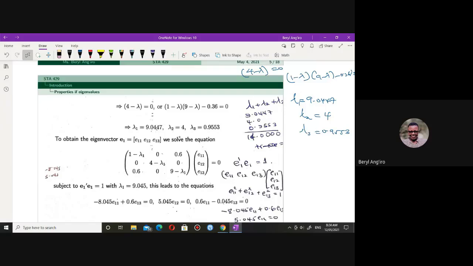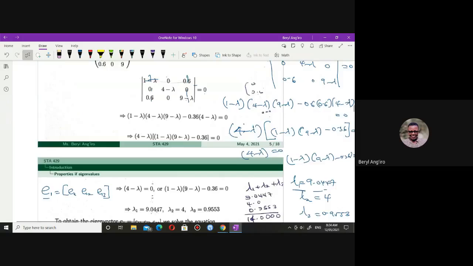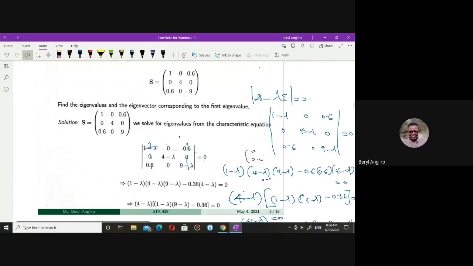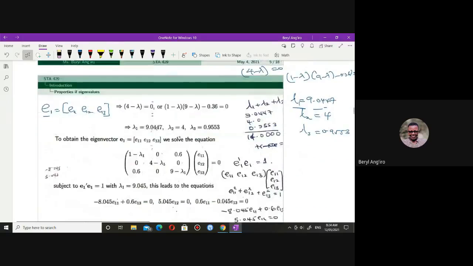To obtain the eigenvector, we already have the three eigenvalues. To obtain the eigenvector which corresponds to the first eigenvalue, that will be eigenvector E1, which is E11, E12, and E13. To obtain this, we solve the equation, replacing the lambdas with the value of lambda 1.